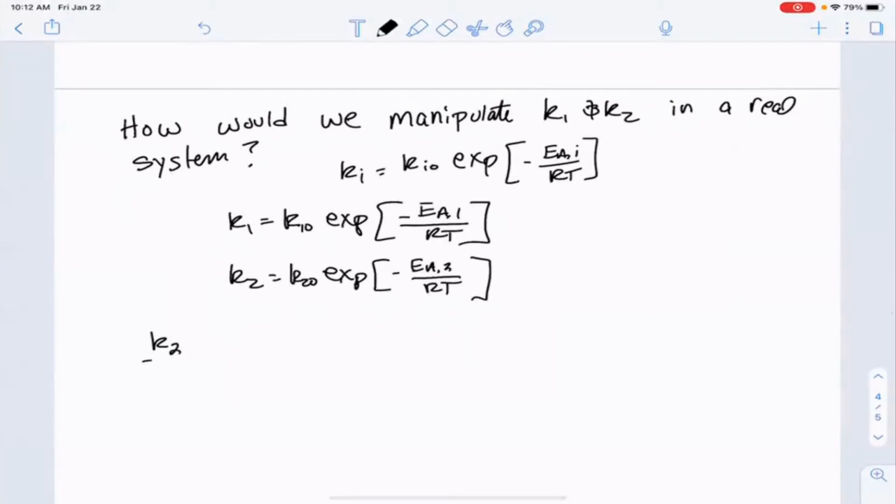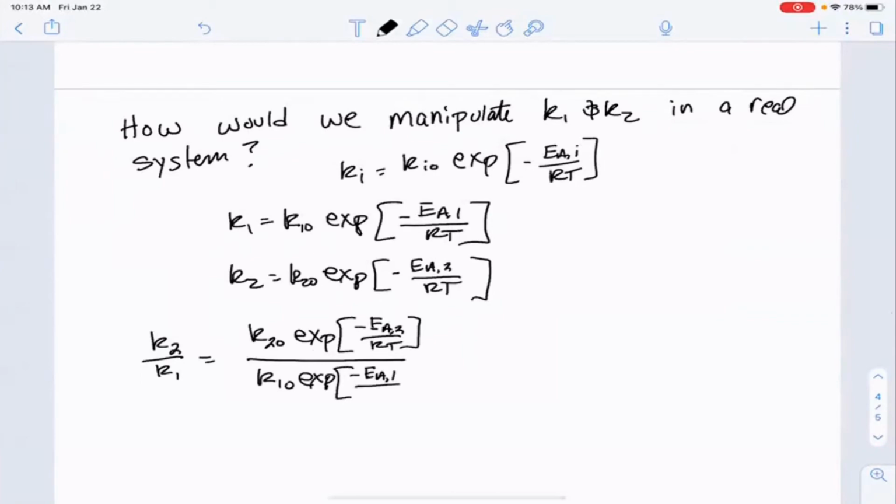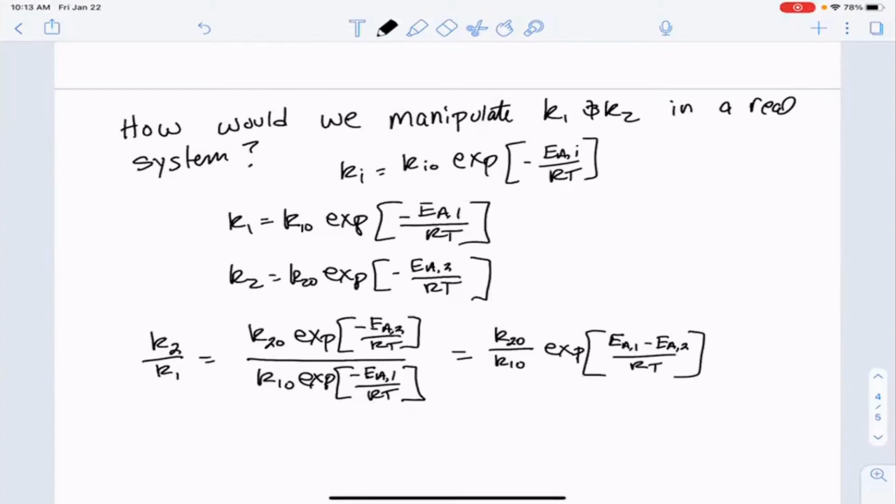Well, if we wanted to calculate K2 over K1, that would be K20 times the exponent of minus EA2 over RT divided by K10 times the exponent of minus EA1 over RT. And if we simplified that, the ratio between K1 and K2 would just be K20 over K10 times the exponent of EA1 minus EA2 over RT, right?